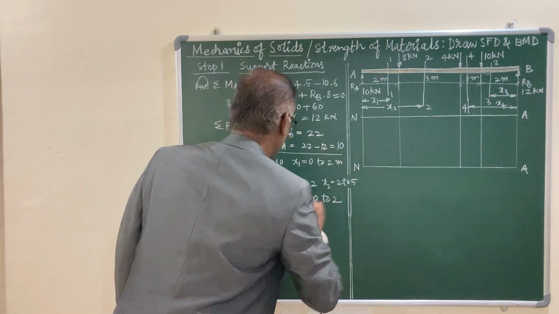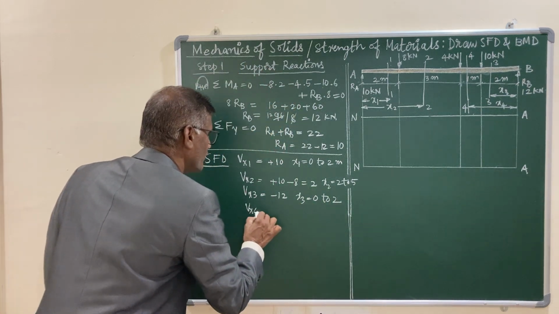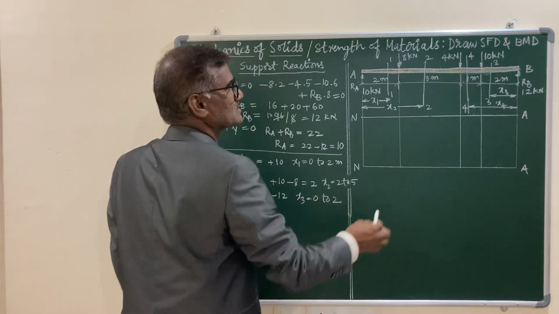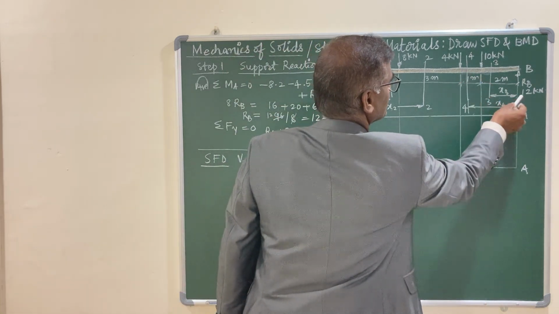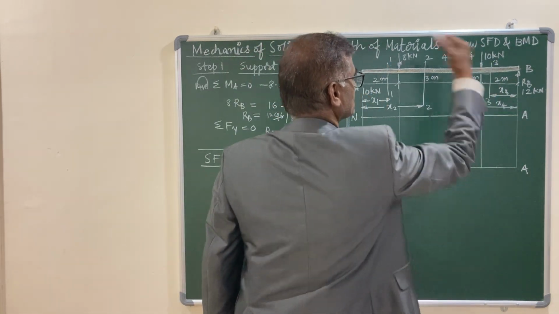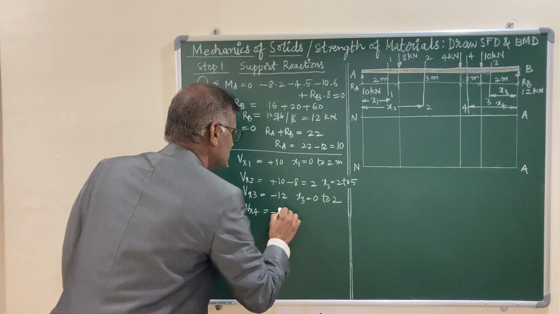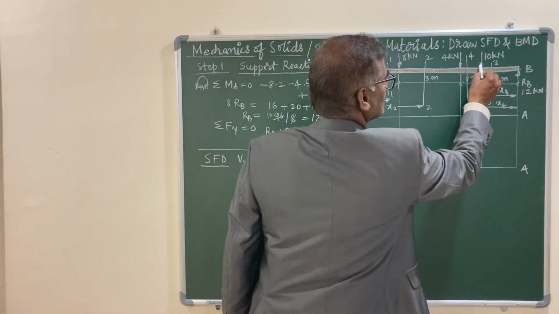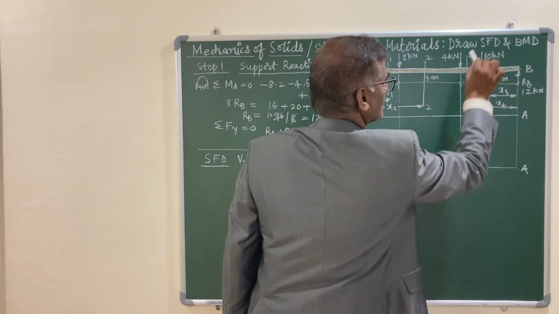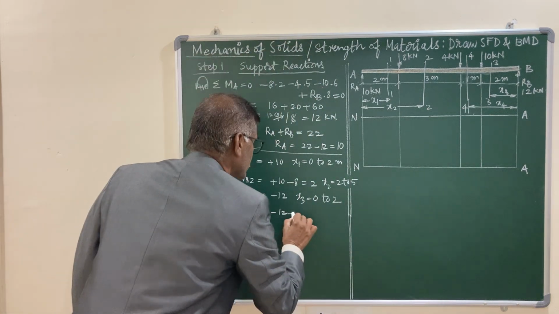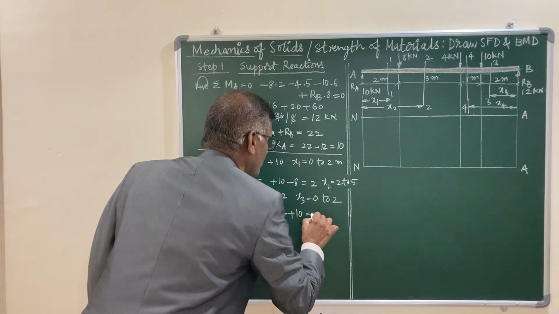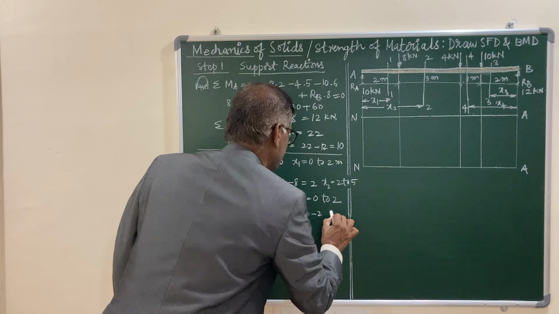And lastly, Vx4 equals, for this section, your 12 kilonewtons is contributing anti-clockwise, that is minus 12, and 10 kilonewtons about this section contributes clockwise turning effect, which is positive. So you have minus 2, and this is valid.